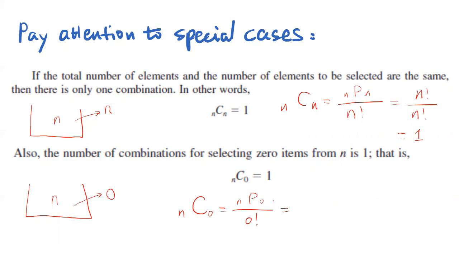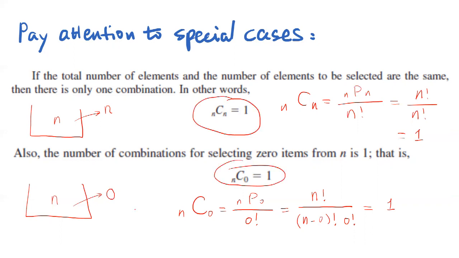Pn0 is n factorial divided by n minus 0 factorial. You can also get 1. You understand? Any questions? Okay, these are the two special cases. Please remember and understand.